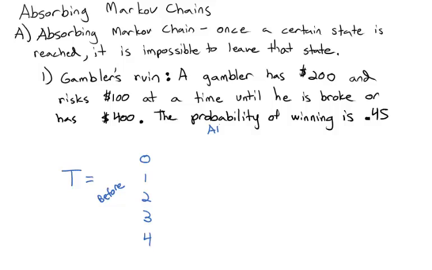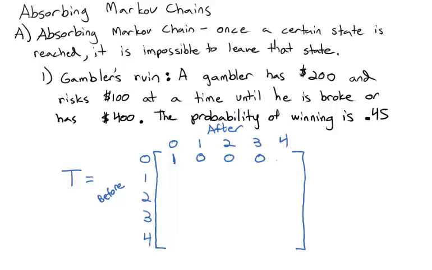And then after the game, he's going to have either 0, 100, 200, 300, or $400. Now, going across the row of the 0, once the gambler is broke, he's going to continue to be broke afterwards. There's a 100% guarantee that he's broke. He's not going to go up to 100, 200, 300, or 400. The gambler is broke.